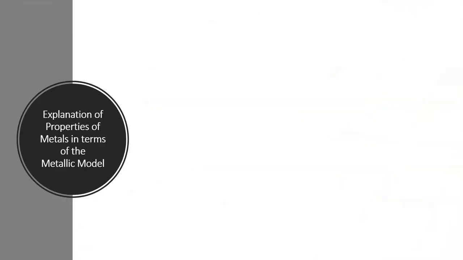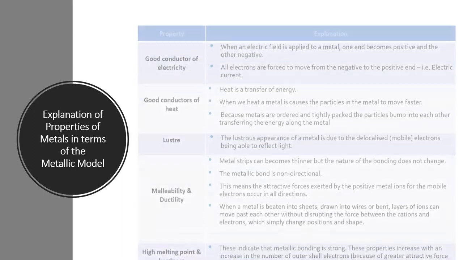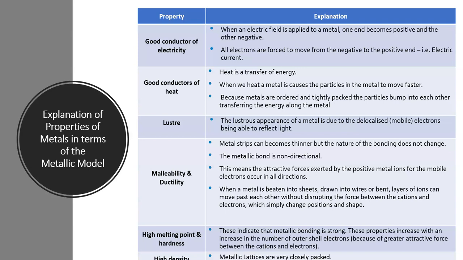Now, what we're going to do is we're going to look at an explanation of the properties of metals in terms of that metallic model. So in terms of them having all those delocalized electrons. Okay, so metals are good conductors of electricity, and this is because those delocalized electrons will carry that electric charge from the negative to the positive end, so causing electric current.